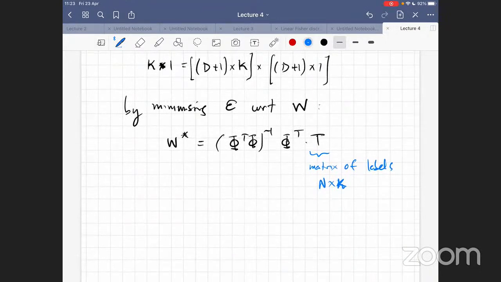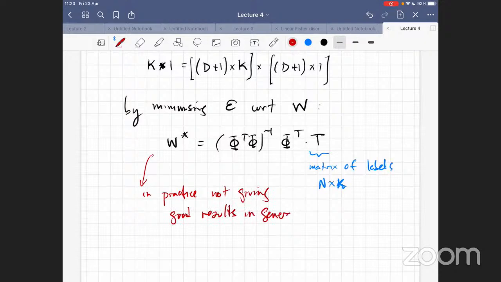So what would happen if I apply this? You may say, okay, this is the optimum weight, but actually there are many problems with this, and in practice it doesn't work. It's not giving good results in general.